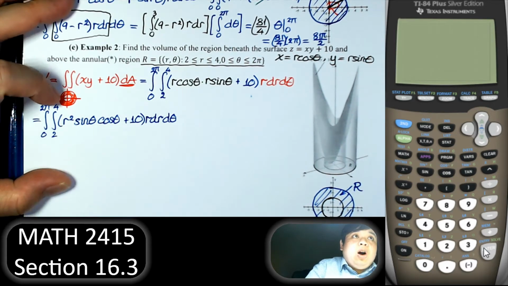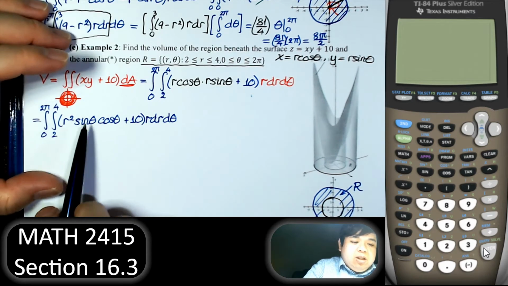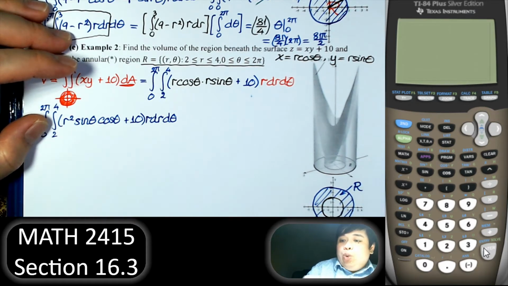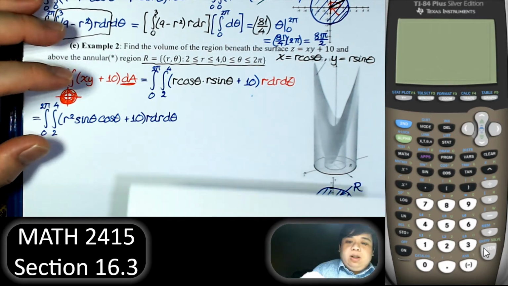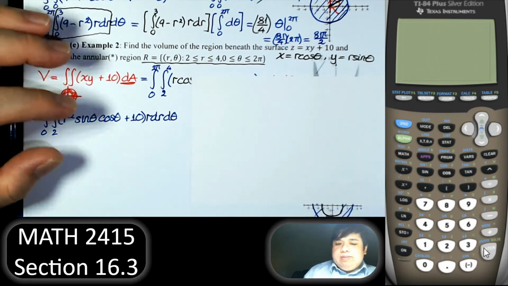We can multiply the r inside if we want to, but now sine cosine, what can we do with sine cosine? There are a lot of ways to deal with sine cosine. We can use substitution, or we use this.